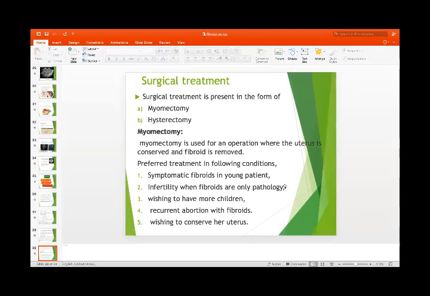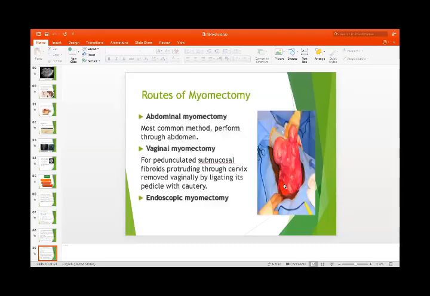So these are the indications of myomectomy. Myomectomy can be done by various routes. It can be done by a vaginal route or abdominal, and it can be done by endoscopic surgery. If it is a small submucous fibroid, less than 3 centimeters, then it can be removed via hysteroscope.